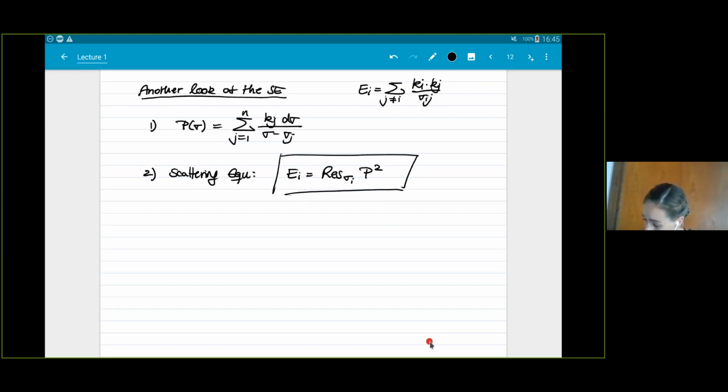That means that we now have a geometric interpretation for this. The scattering equations tell us that P squared of sigma is 0 everywhere, meaning for all sigma on the sphere.